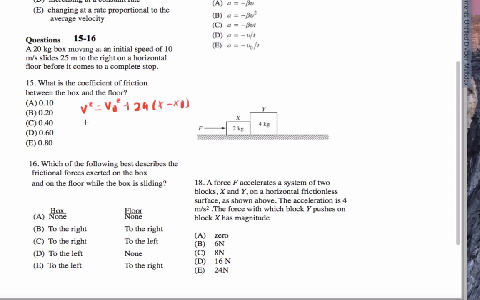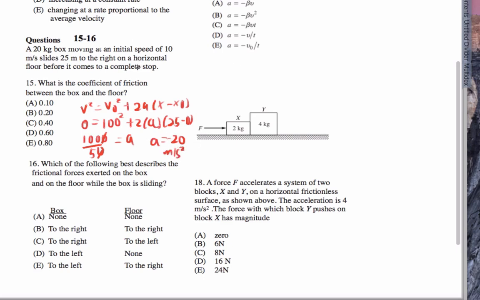So we're going to get 0 equals 100 plus 2 times a times (25 minus 0). So we're going to get 1,000 divided by 50 is going to be a. And so my a ends up being 20 meters per second squared. Seems kind of big, but whatever. I guess I'll go with it.